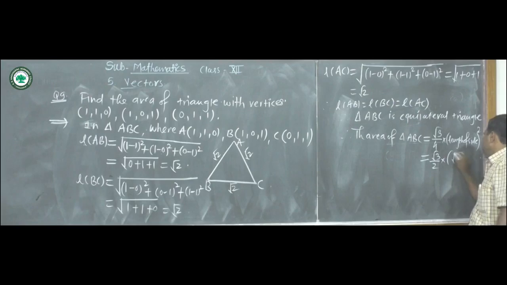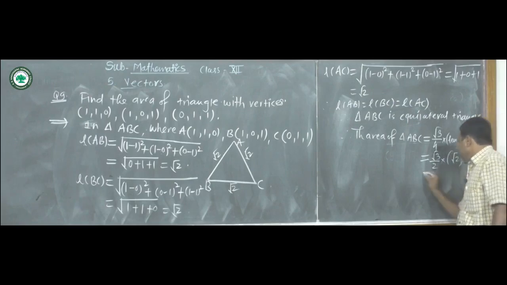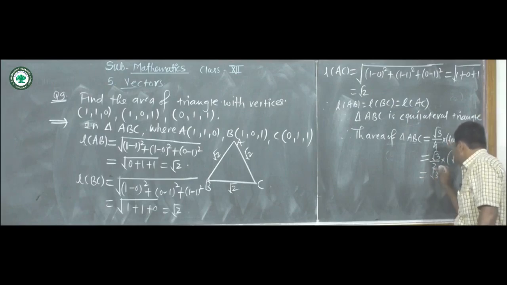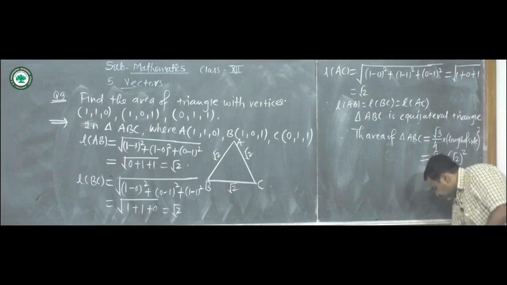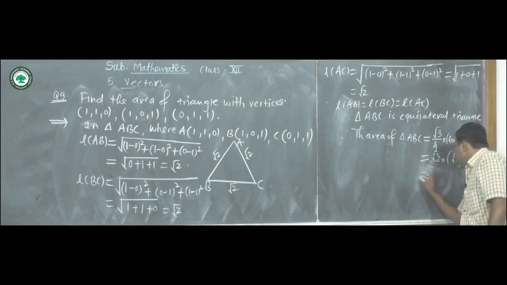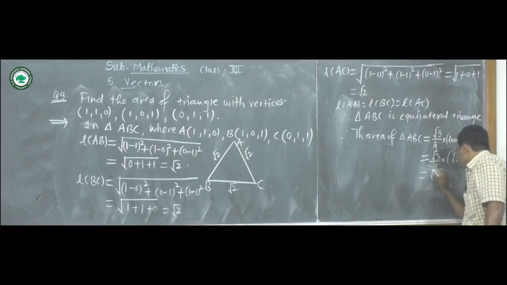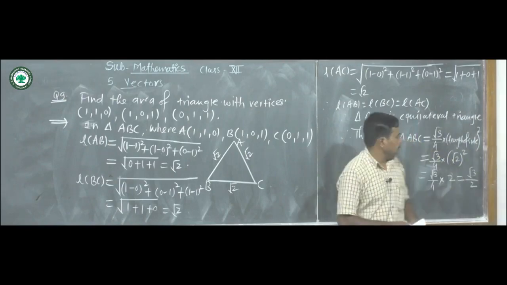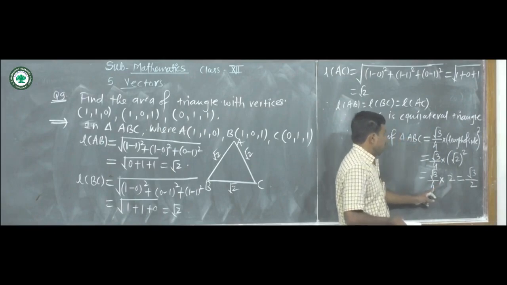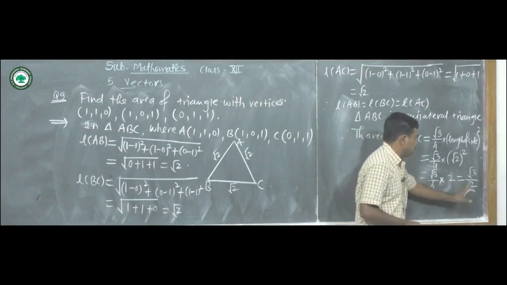So it is (square root of 2) squared, that is 2. 2 fours are 8, so it is square root 3 divided by 2.